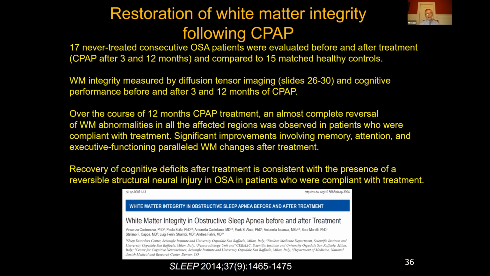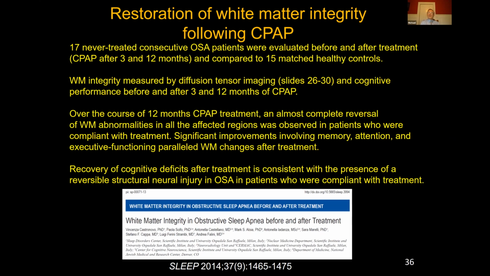So if we look back at Macy's work and Ron's work, this group said, okay, we're going to look at some of these brain regions, put people on CPAP for 3 and 12 months, and see if there's a restoration of white matter activity in those areas.